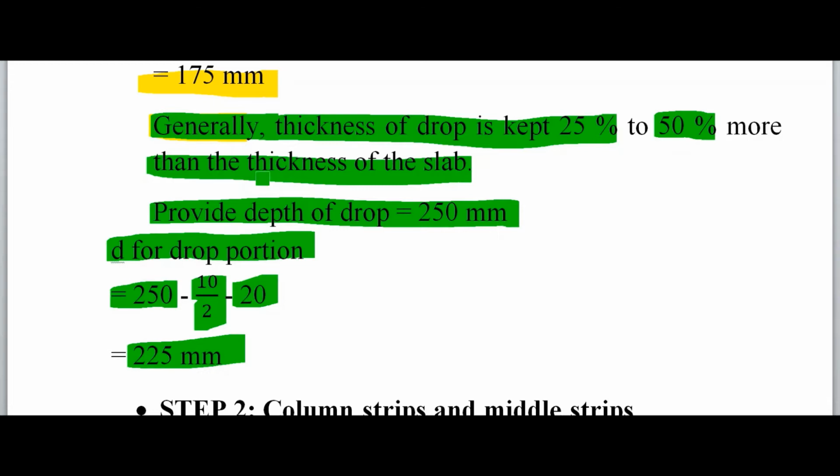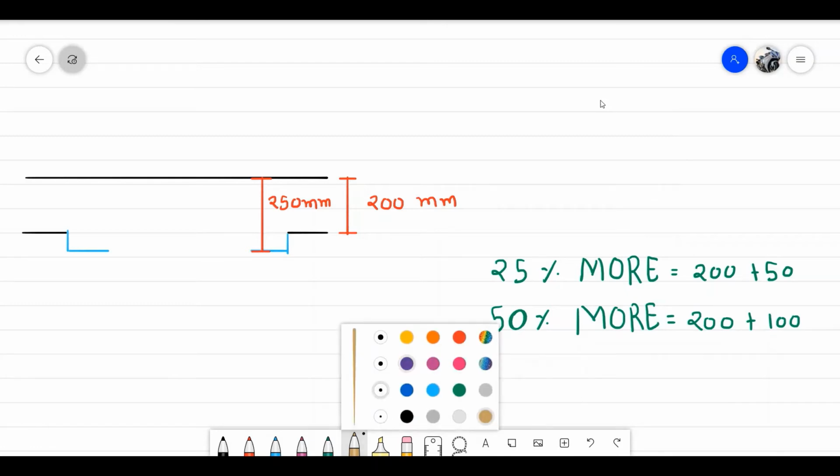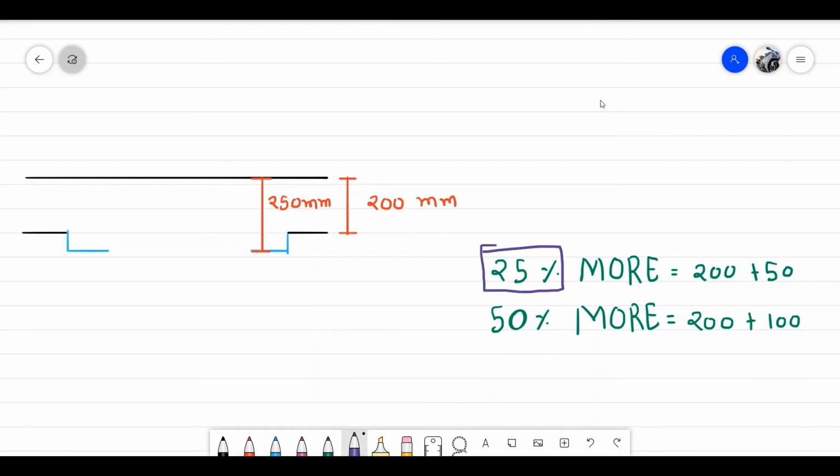Let me explain with the figure. We discussed earlier that the drop is 25% more than the thickness of slab, and up to 50% more.